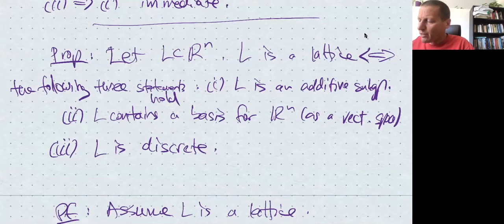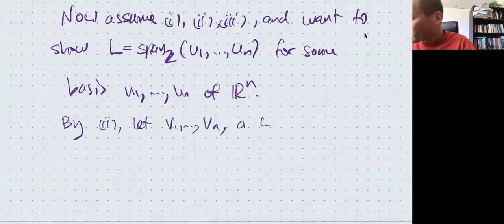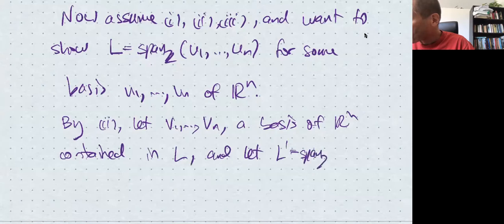So let's start with this basis of Rn that's contained in L and span something with it. So by 2, let's take V1 up to Vn, the basis of Rn contained in L, and let L prime be the span over Z of V1 to Vn.